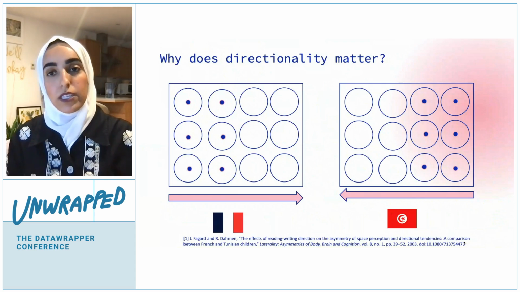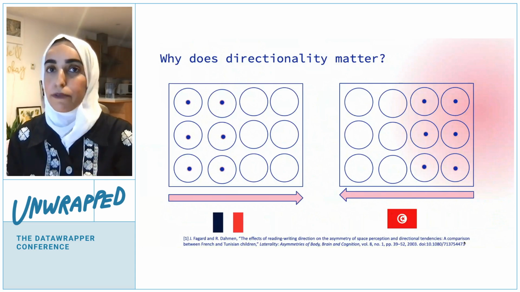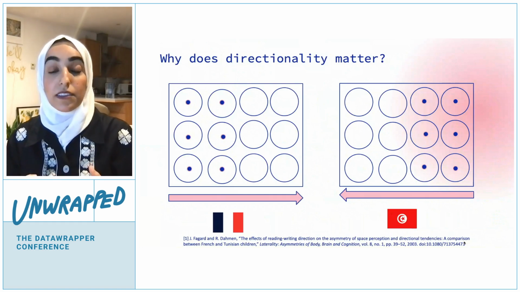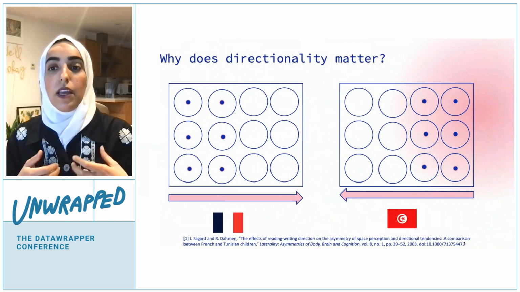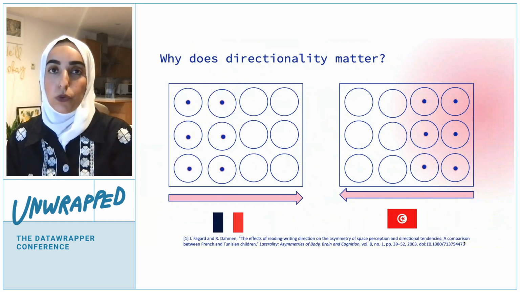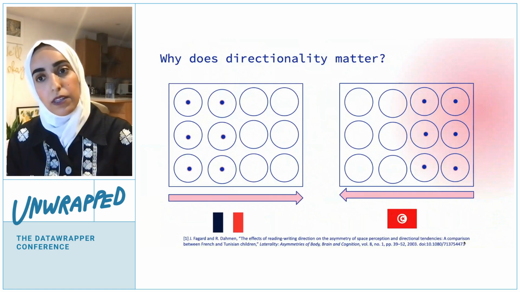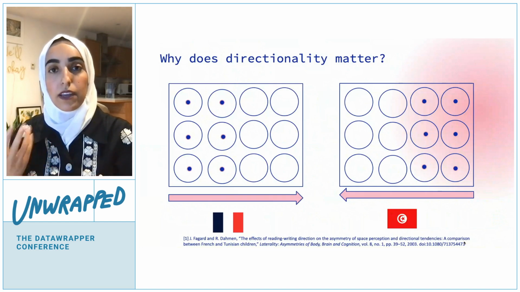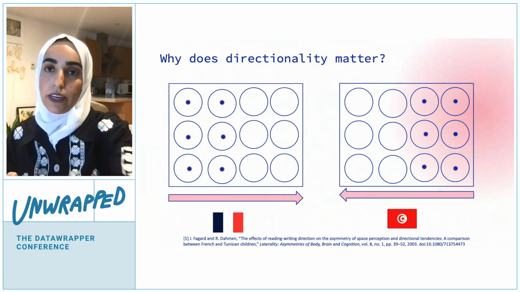It also works as a reminder of the importance of localization. It is essential to display designs that speak to the audience, what they are used to, and what aligns with their mental models. This also contributes to increasing the trust and credibility of the visualization.